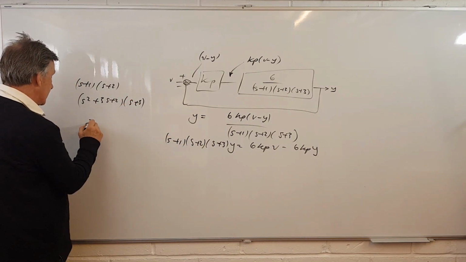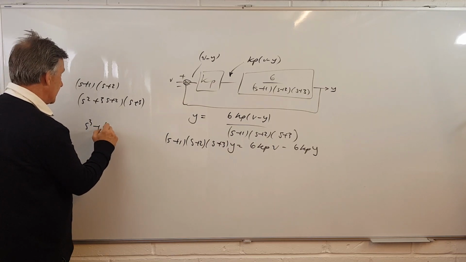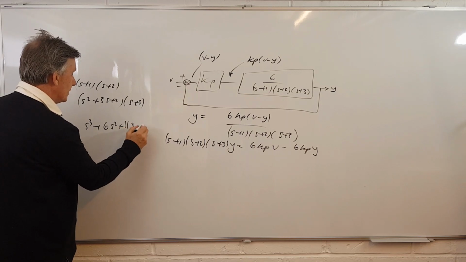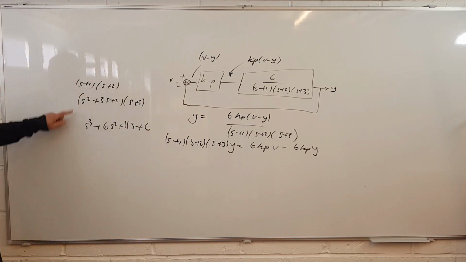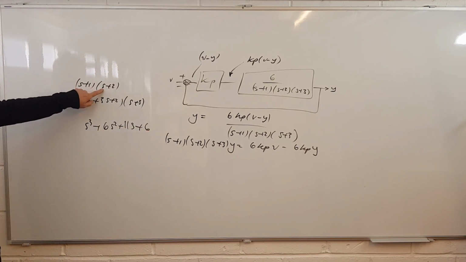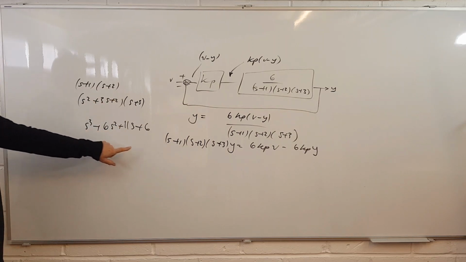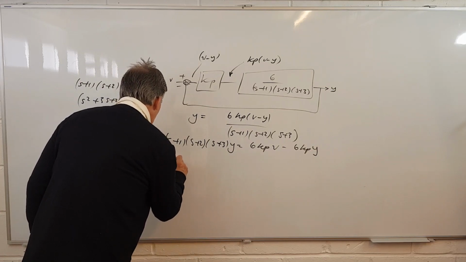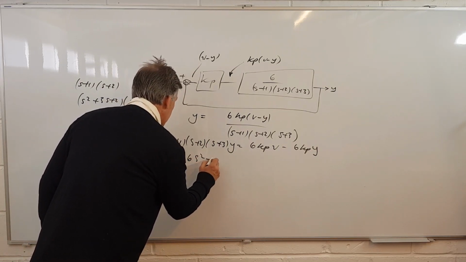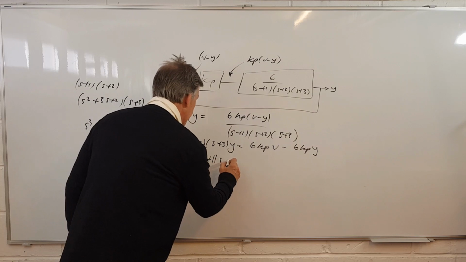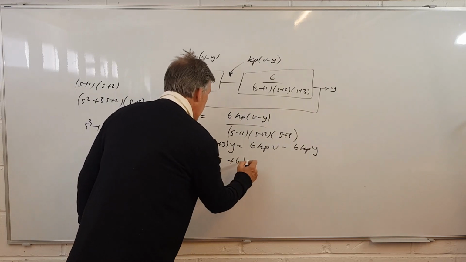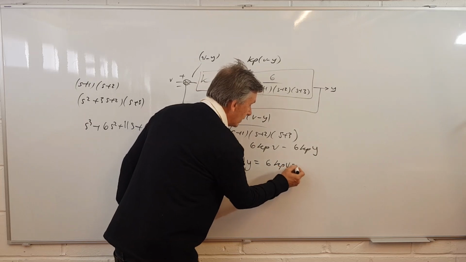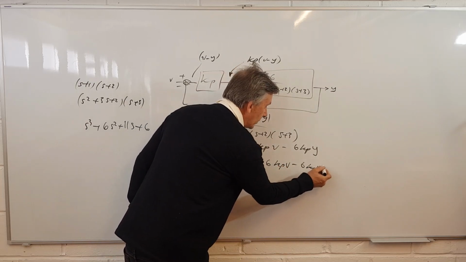That's going to give us s cubed plus 6s squared plus 11s plus 6. So that times that times that comes as that. So we can replace this now with this to give us s cubed plus 6s squared plus 11s plus 6 times Y equals 6 Kp V minus 6 Kp Y.